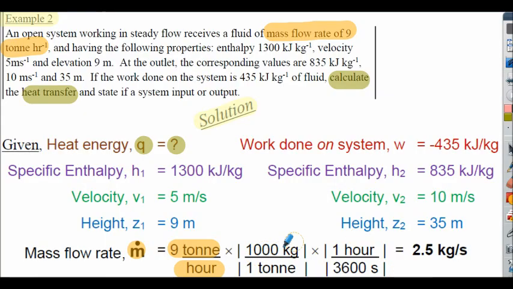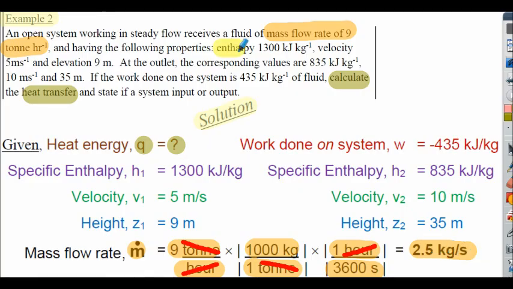And I'm using two unity brackets here, 1000 kilograms equivalent to 1 ton, and 1 hour equivalent to 3600 seconds. As always, remember these are cancel unity brackets, so we'll cancel the ton here, cancel the hour here, to leave ourselves with a mass flow rate of 2.5 kilograms per second.